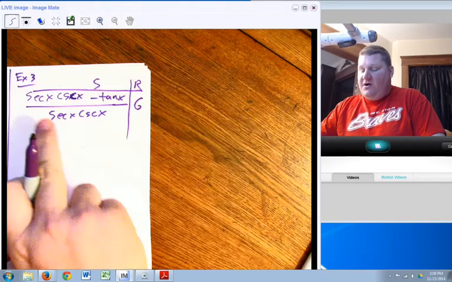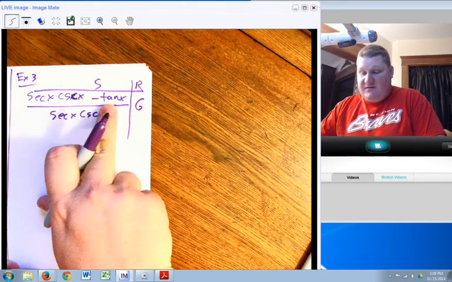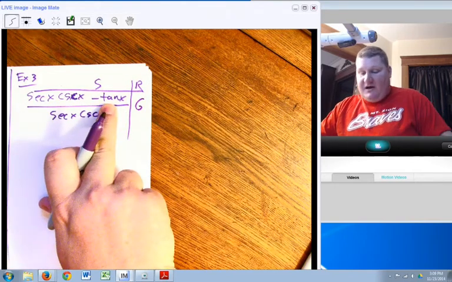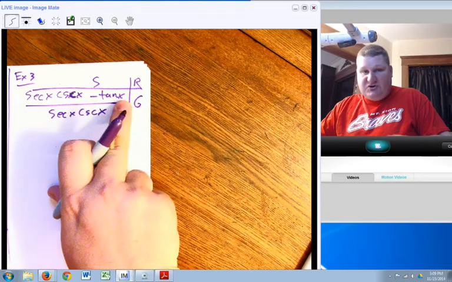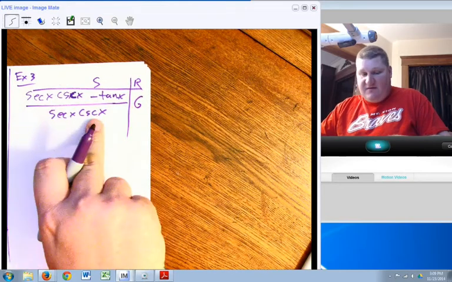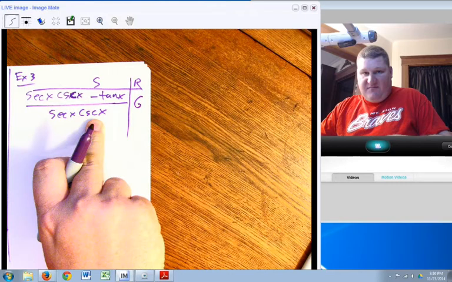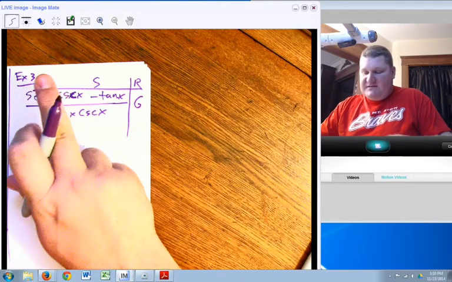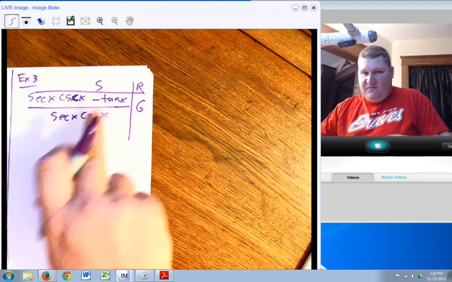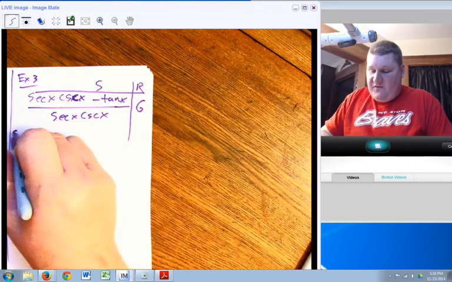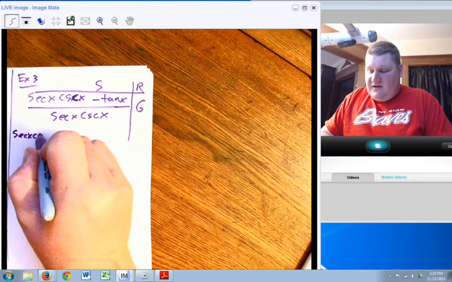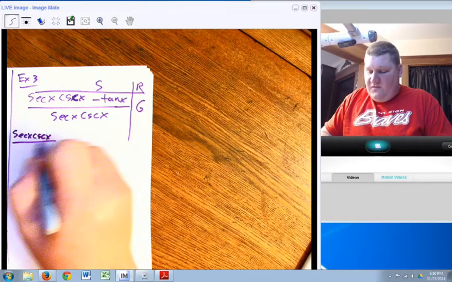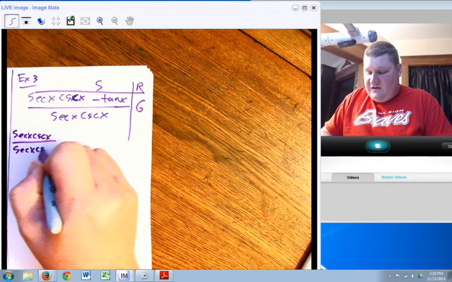Now, in example 3, I don't have a Pythagorean theorem. I don't have a cofunction. I don't seem to have an odd even. In fact, I don't seem to have much at all, except that I have something over this minus this over this. So I can break it into two fractions. Secant x cosecant x over secant x cosecant x.